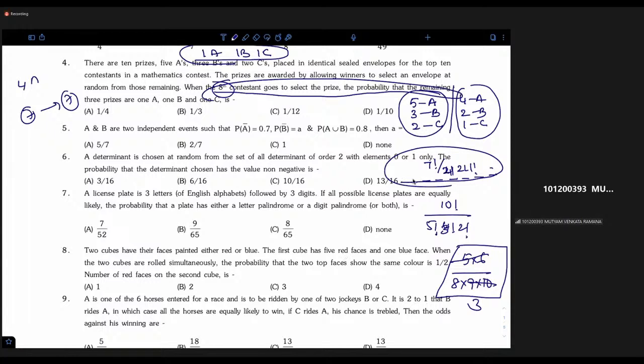Because here the logic is simple. These are the items I need to distribute to 7 people.